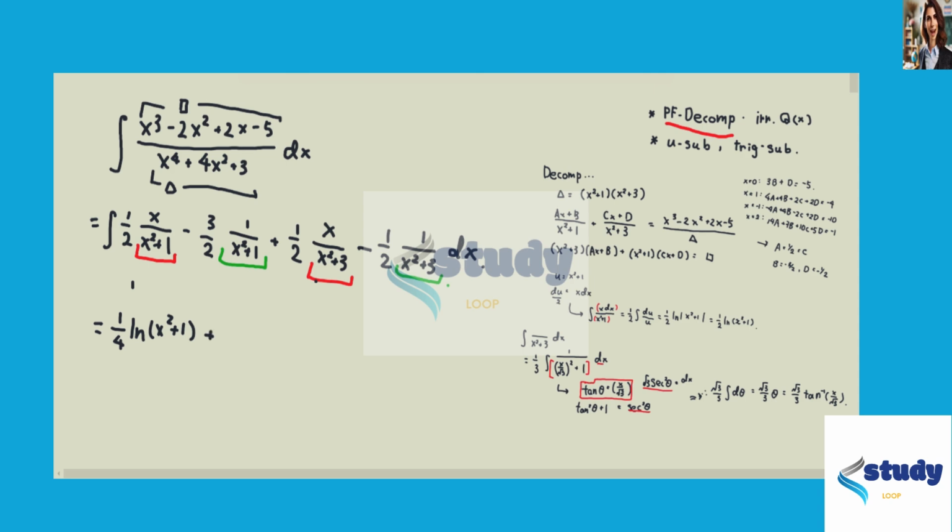There should be another 1/4 natural log of x squared plus 3. Using the law of logarithms, you can combine these two if you want to, just so you know, but I won't. Okay, minus 3/2, that's just tangent inverse.